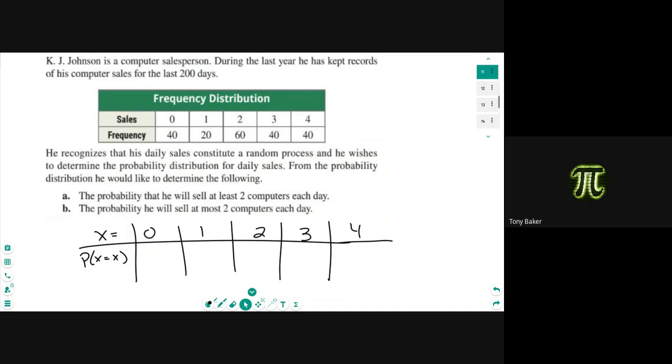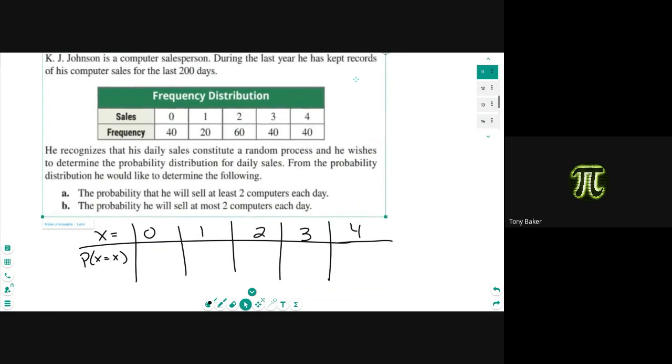So for each, I mean, we should do the chart first, right? Yeah, we're going to have to start the chart. So first, the probability of 0 would be 40/200. All we're going to do is take that and divide it. I might make these decimals because they come out even.